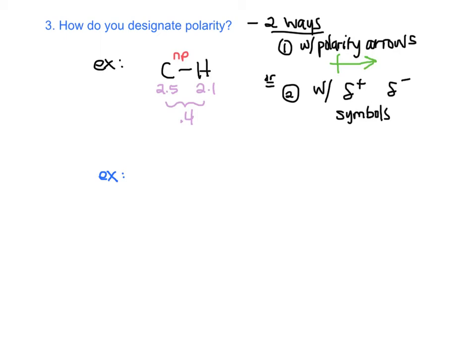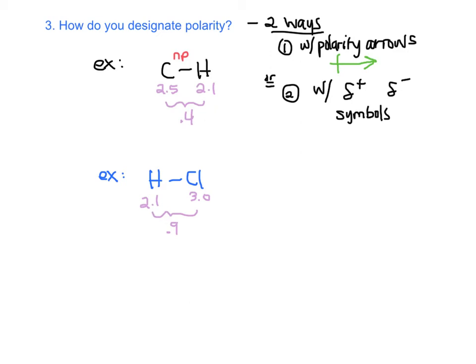So for example, in our hydrogen-chlorine bond, hydrogen has an electronegativity of 2.1 and chlorine is 3.0, and the difference is 0.9, which falls in the range of being polar.